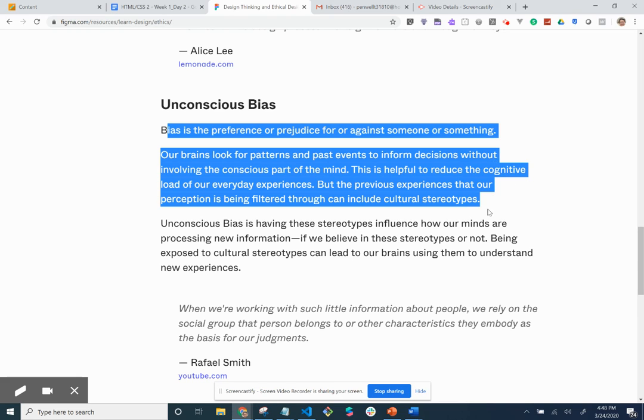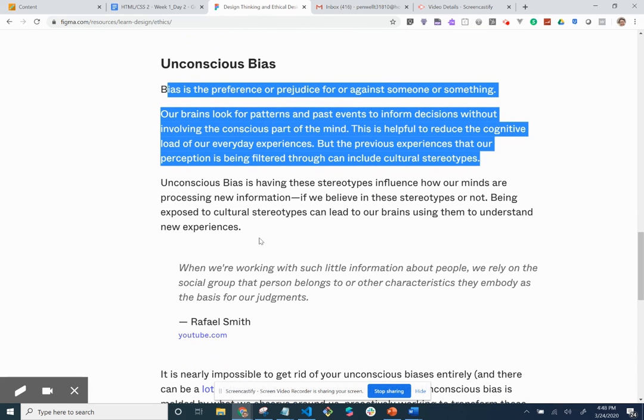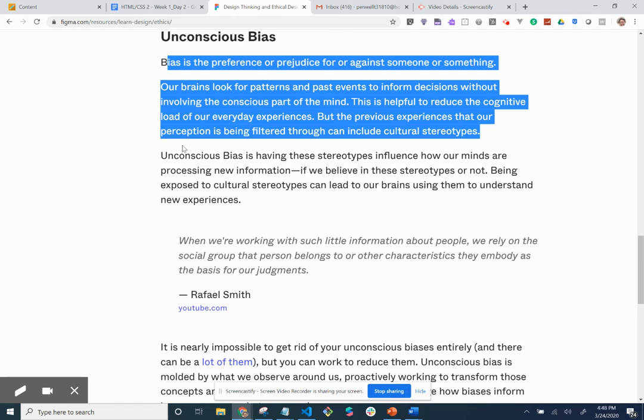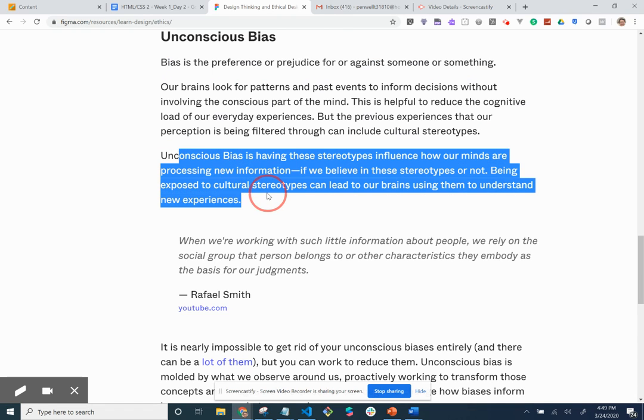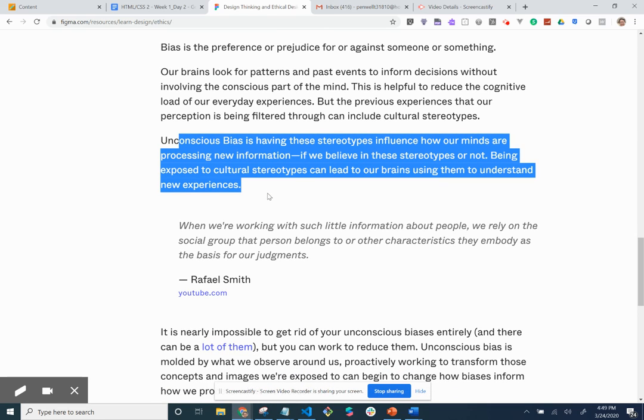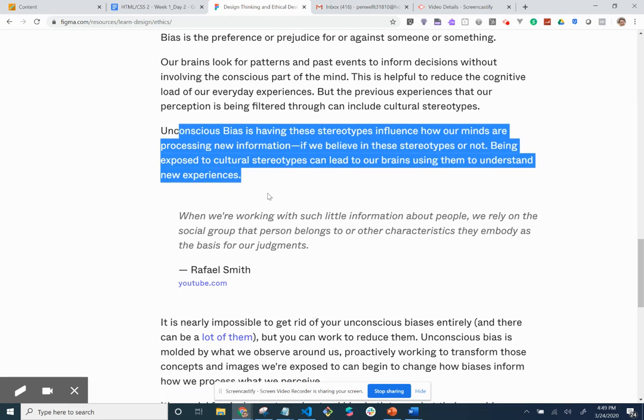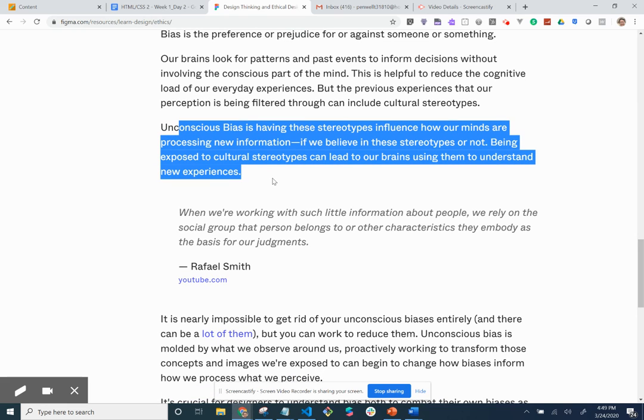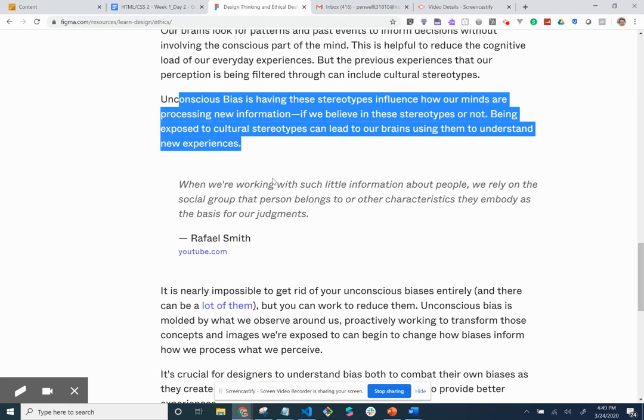But the previous experiences that our perception is filtered through can include cultural stereotypes. So with unconscious bias, these stereotypes influence how our minds process new information. Whether or not we believe in these stereotypes, many exposed cultural stereotypes can lead to our brains using them to understand new experiences.